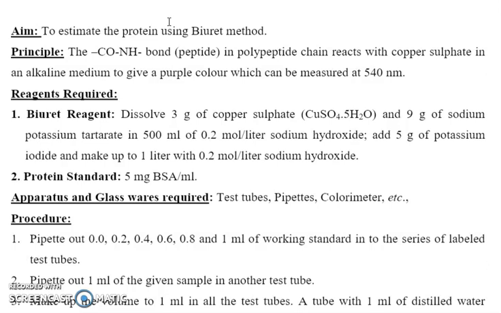Just remember 1:3: 3 gram of copper sulfate and 9 gram of sodium potassium tartrate. Dissolve in 500 milliliter of 0.2 mole per liter sodium hydroxide. Add 5 gram of potassium iodide and make up to 1 liter with 0.2 mole per liter sodium hydroxide.